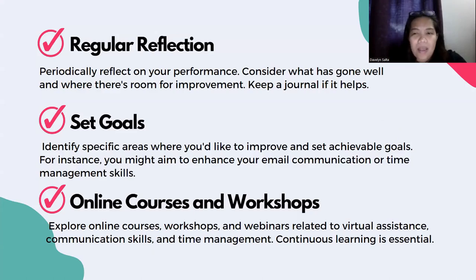What have I done best? What are the tasks that I was so slow with? So consider what has gone well and where there's room for improvement. I could have done better with that project. Yeah, sometimes we think that way. So keep a journal if it helps.